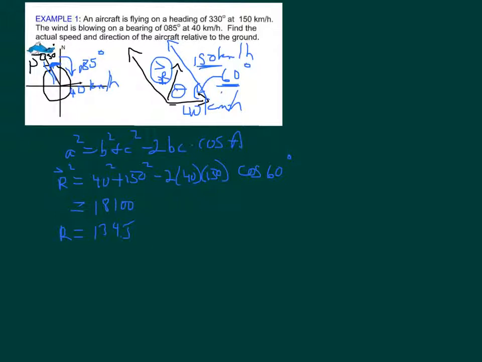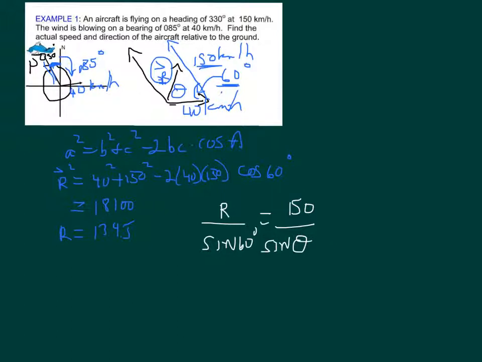With that in mind, we can use the sine law to find out the value of angle theta. So we can say r over sine of 60 equals 150 over sine of theta.